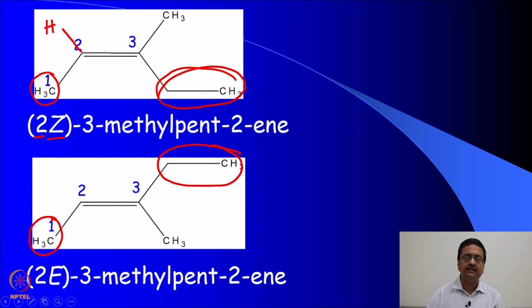So, these two are in opposition, and that means it is entgegen or E. So, we write it as 2E-3-methylpent-2-ene. This is how these two molecules should be named, and they are different, as you can easily see.